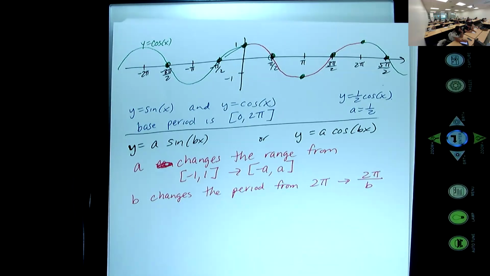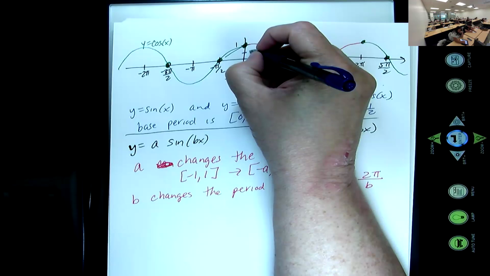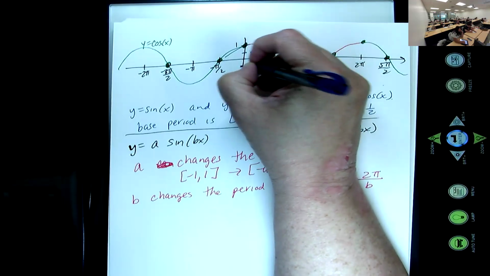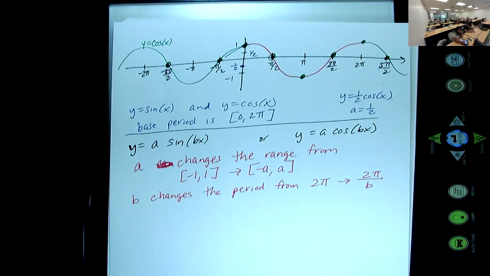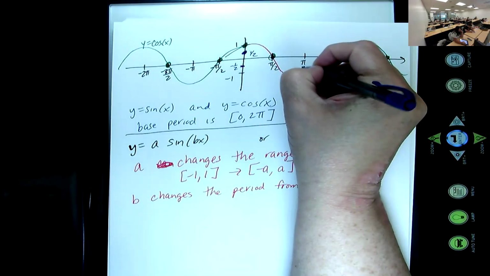The way you use this is the zeros stay the same, because anything times 0 is 0. But everywhere you had a 1, you're gonna go a. So instead of going up to 1, we're gonna go up to 1/2. And instead of going down to -1, we're gonna go down to -1/2. So our points will look like this.